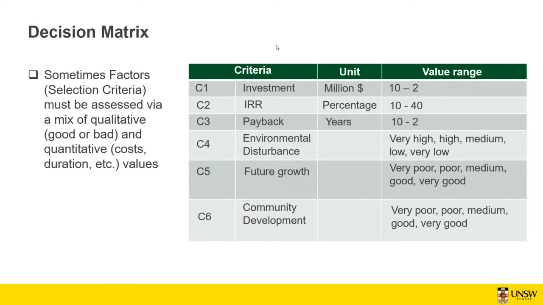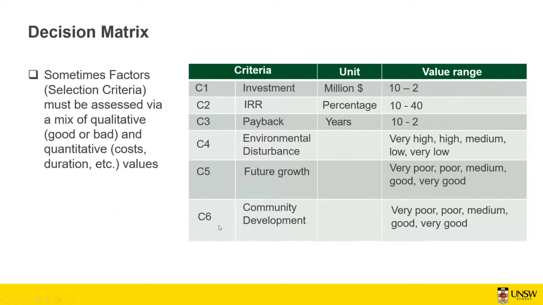You want to have lower payback period for that particular project to be something that you want to pursue. So there's a mix of something that you want to increase and some other factor that you want to decrease. So it's a little bit complicated from the first look compared to the other methods that we discussed, because for the other methods, always you want to get the highest score. But in this method, for some criteria, the lowest score is actually the preferred one.